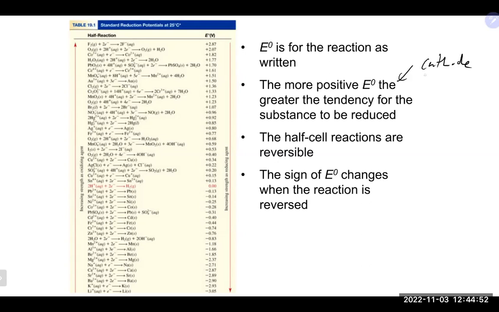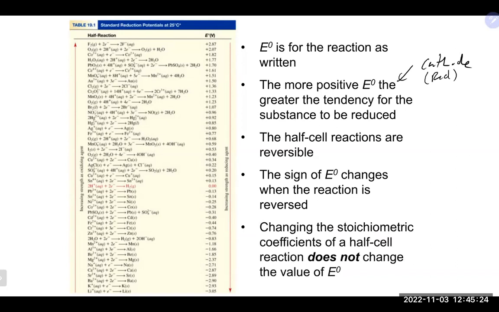All right. So the cathode is the one that gets reduced. In the absence of any information about how a reaction actually takes place, you can look on the SRP table, and the one that has the more positive SRP value should be your cathode, and the one that has the less positive value would then be your anode. Half reactions are reversible. When you reverse a reaction, the sign of the SRP value changes. If it's negative, it becomes positive.